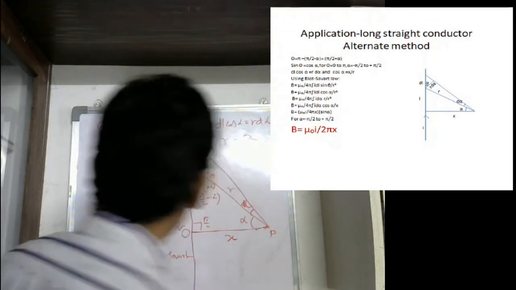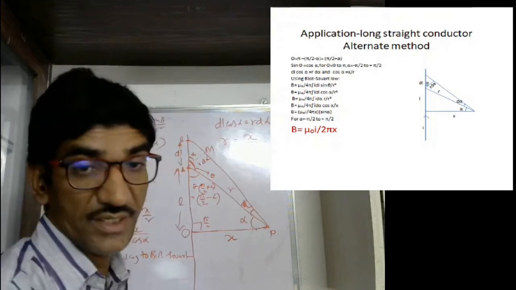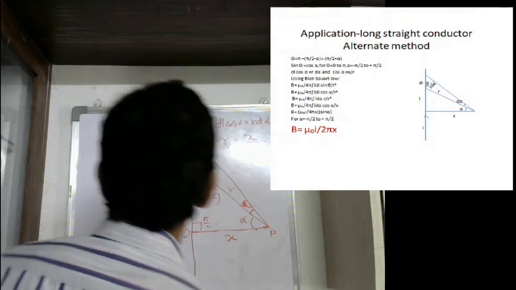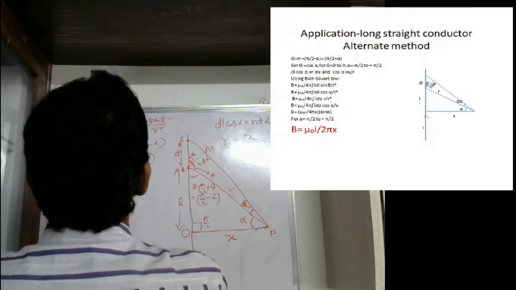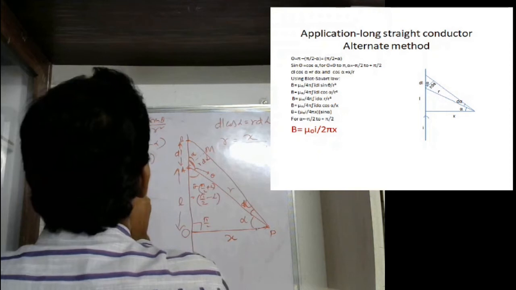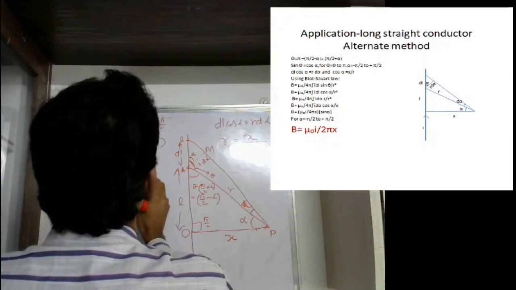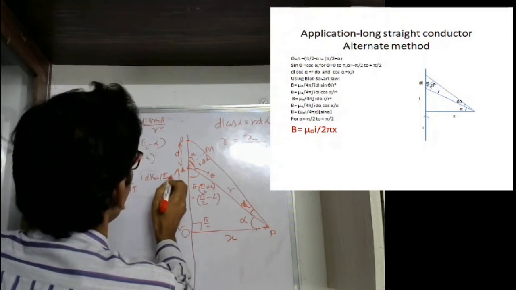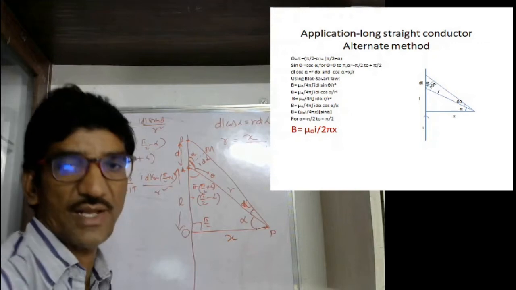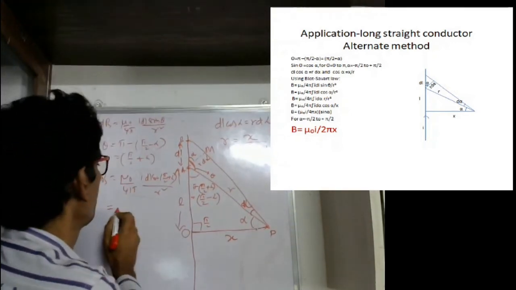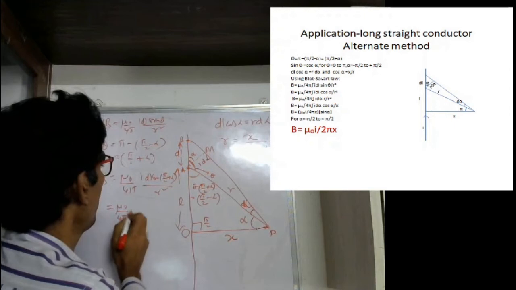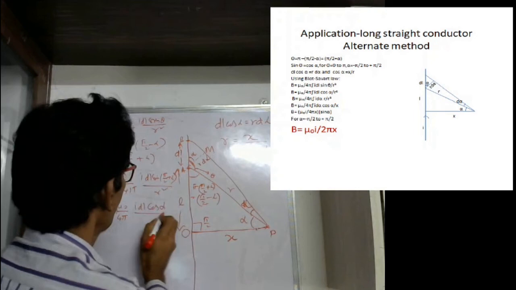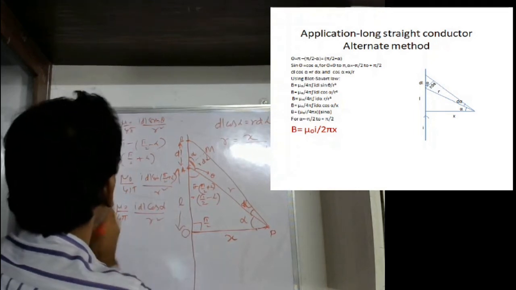Since theta is this much, dB is equal to mu naught by 4 pi, I dl sine of (pi by 2 plus alpha) by r square, which is mu naught by 4 pi, I dl cos alpha by r square.